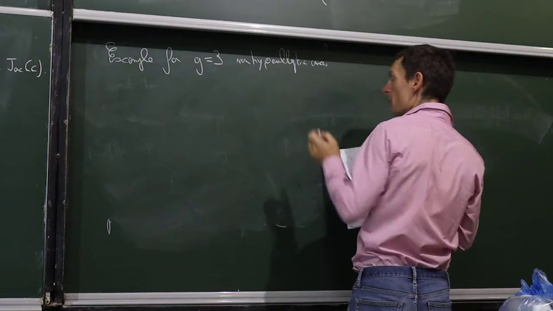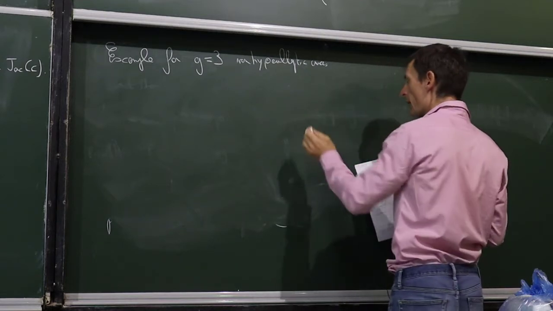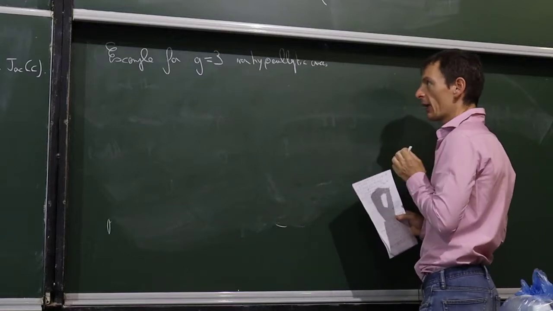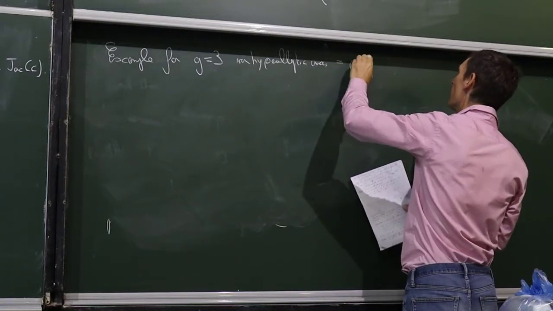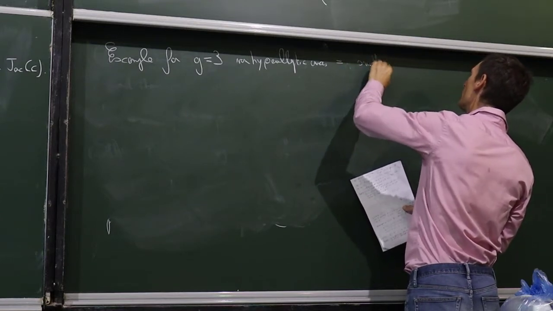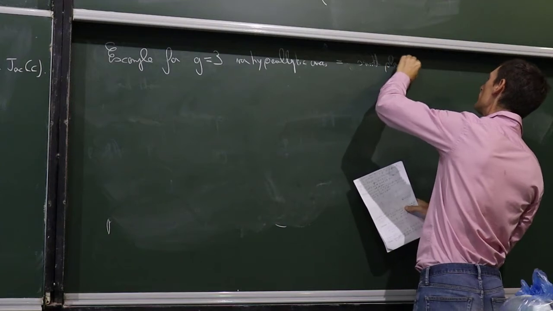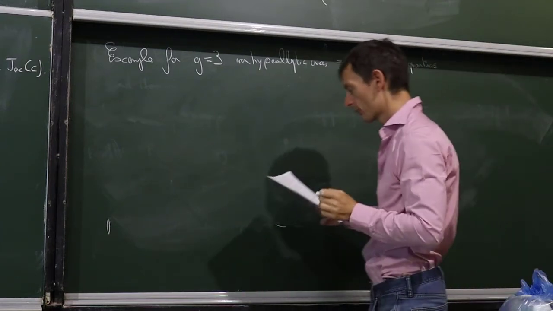If you remember one of the lectures that we had, genus 3 non-hyperelliptic curves can be embedded canonically inside P2 as smooth plane quartics. So this is how I'm going to represent them.